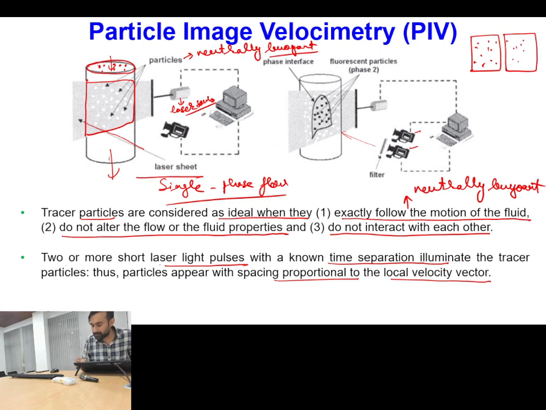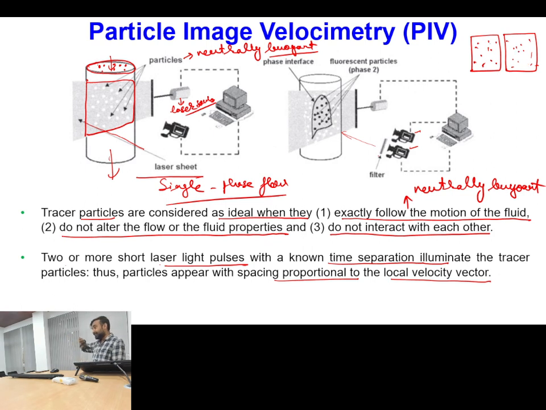Once you have given the second laser pulse after some time gap, all these particles will be occupying new locations. Because of the local velocity of the flow during that time interval, depending on how much distance a particle can travel, they will have the new locations.